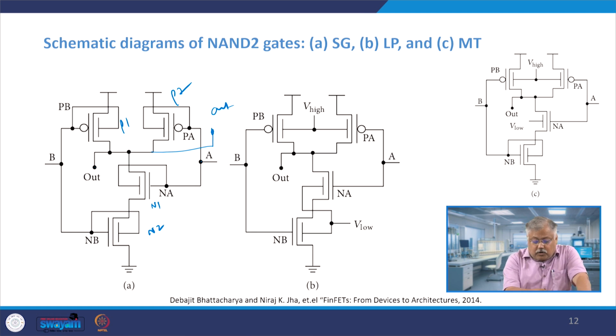So, this is one form of NAND 2 gate, and this one is basically for the shorted gate, this is for low power design, and this is for the independent gate, right. You can see here that these two PMOSs, why low power? Because in the substrate we have been trying to give potential such that the threshold voltage goes down and you can actually have a low power design.